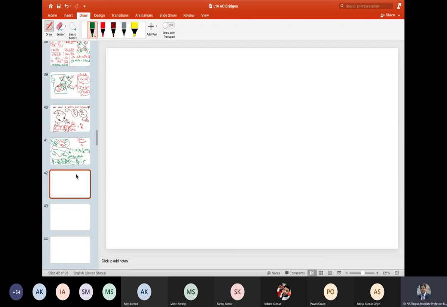So we can either have a ratio bridge or a product bridge. So we have two different types of bridges generally by way of calculations.